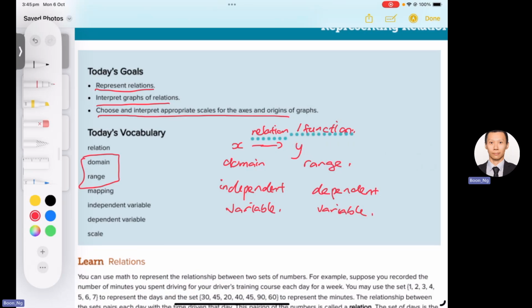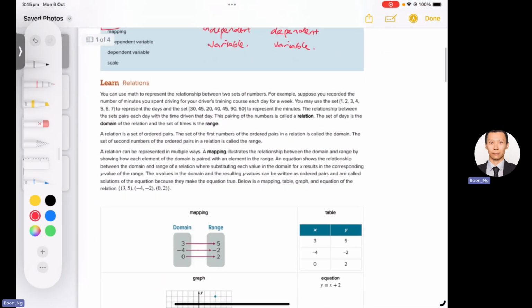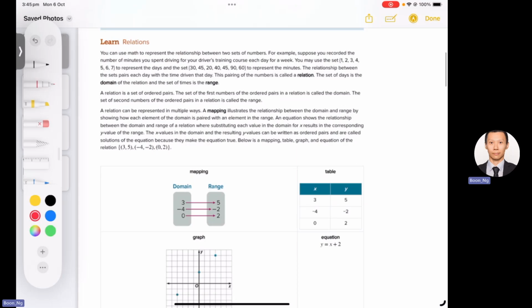Now, what is mapping? Basically, we'll go through it in a bit. When you put down domain and range, or x and y, there are three coordinates here. The first one is 3, 5.